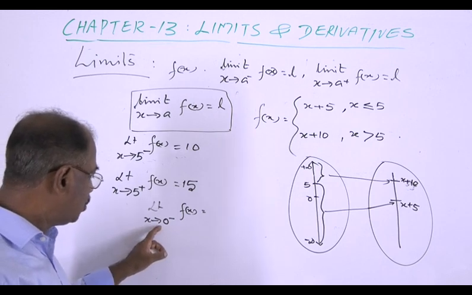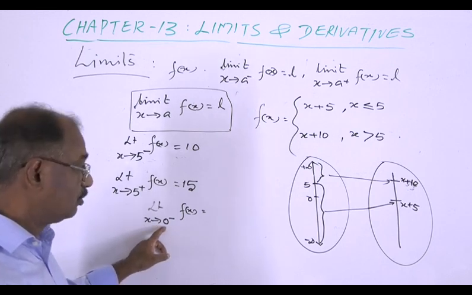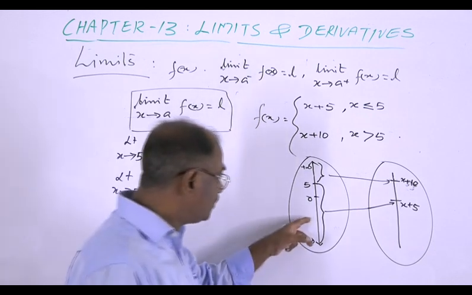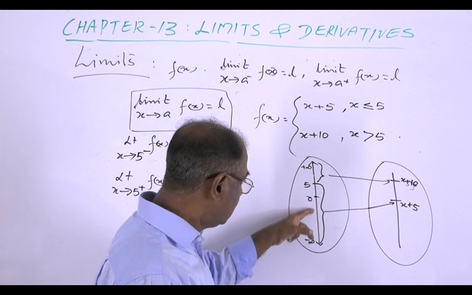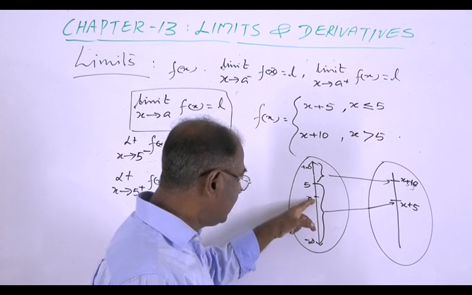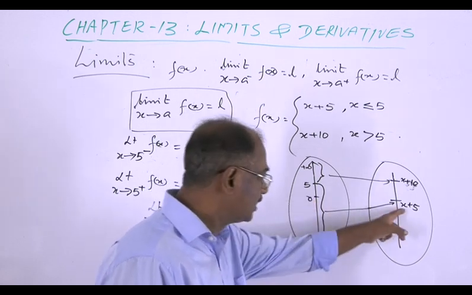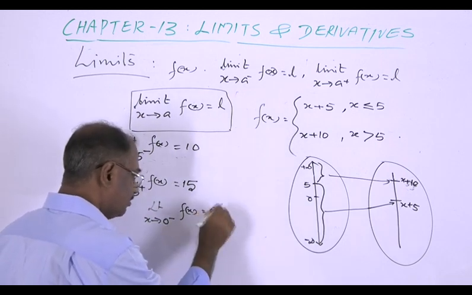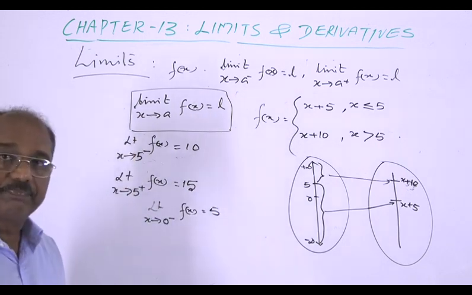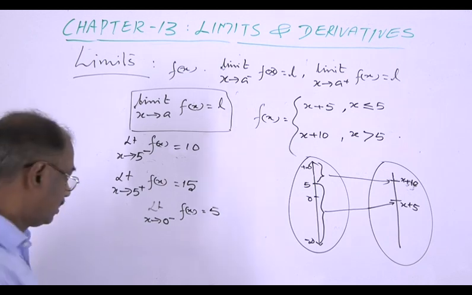From left to 0, the functional value is x plus 5, which is equal to 0 plus 5, which is 5.